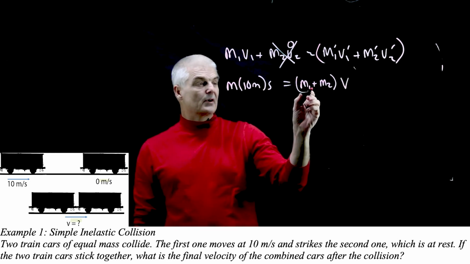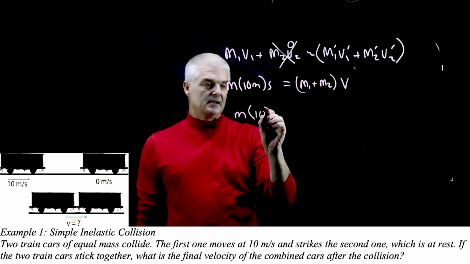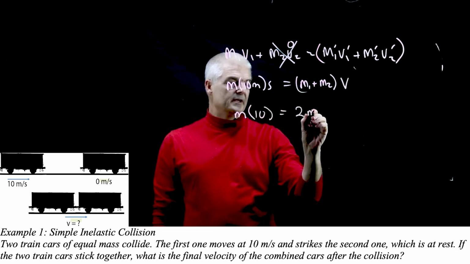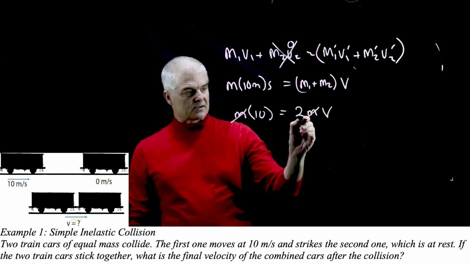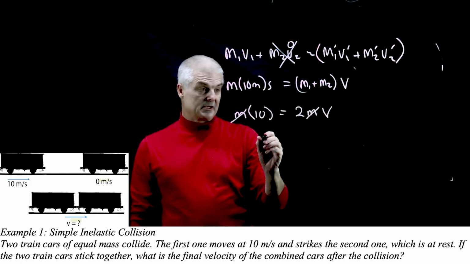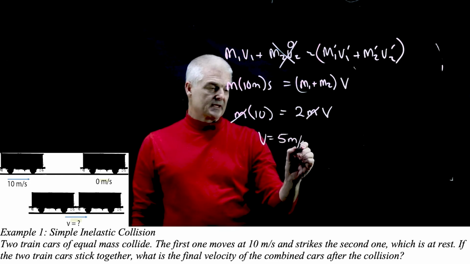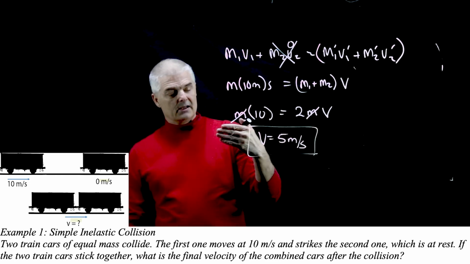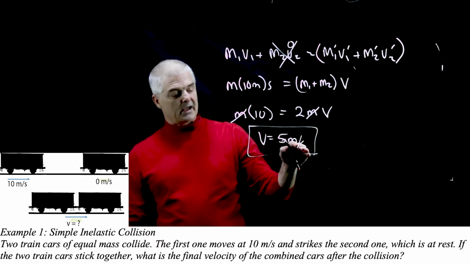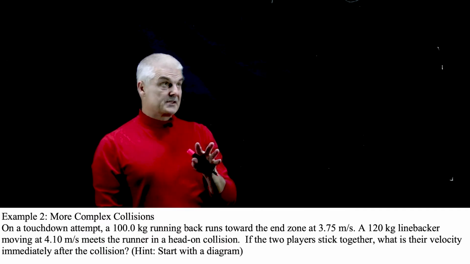Each of these masses are the same, so we can say M times 10 is equal to 2M times V. Because it's the same mass, the M's cancel, and we divide both sides by 2, so the velocity of them together will be 10 divided by 2, or 5 meters per second. Hopefully that makes sense. If they collide and keep going, he's going to transfer his momentum, and it's going to be halfway, so that makes sense that it's 5. That was a relatively easy problem because they had the same masses.